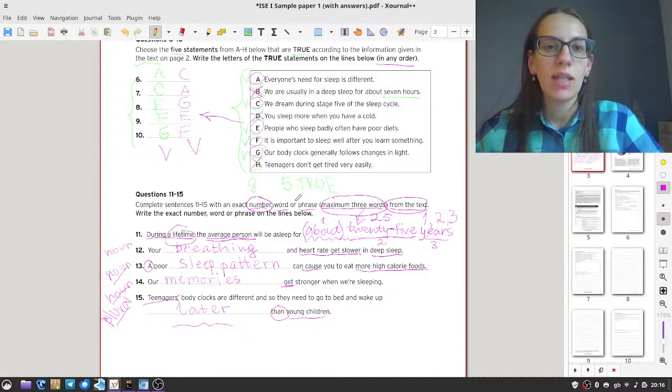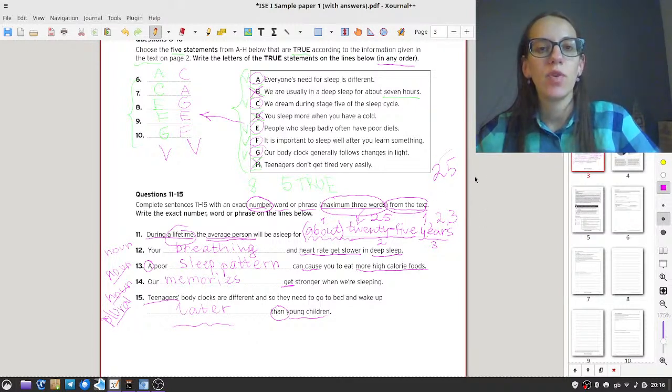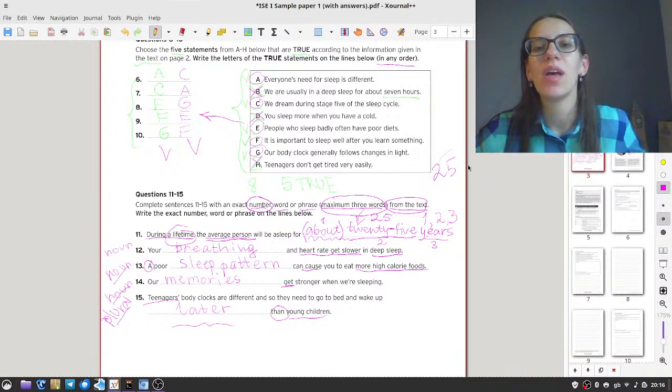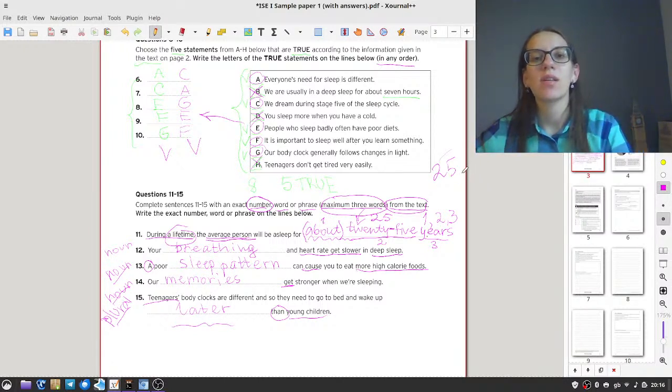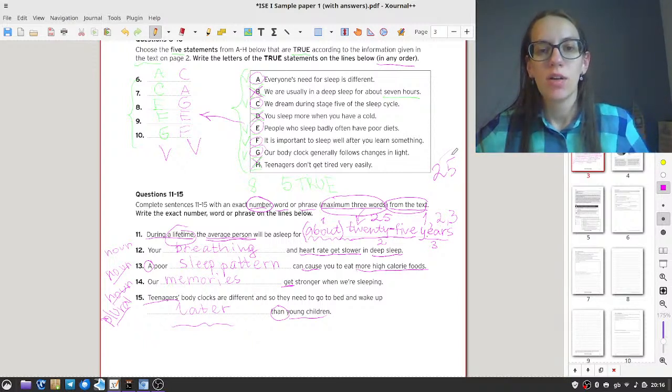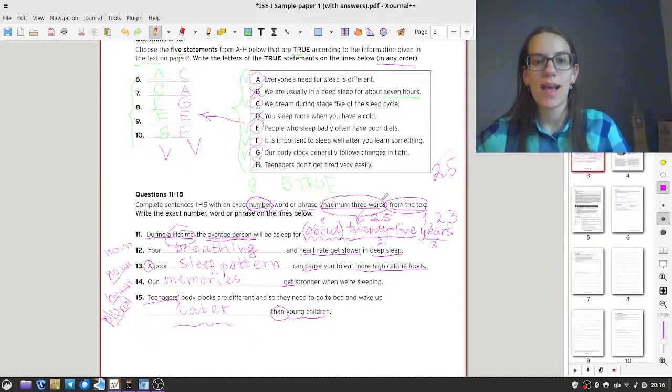So they can be a number. It's fine to use numbers. For example, 25. You can write it just like this, like a number, or you can write it as a word. It doesn't matter, if you spell it correctly, if you know how to spell 25, or you just find it in the text, then that's fine. You can use a word or a phrase, maximum 3 words.